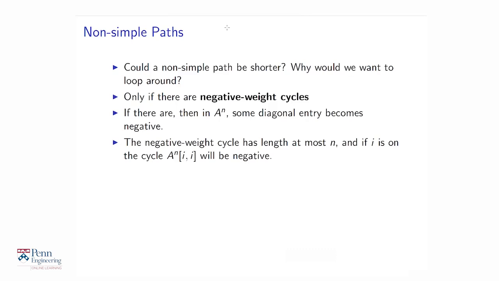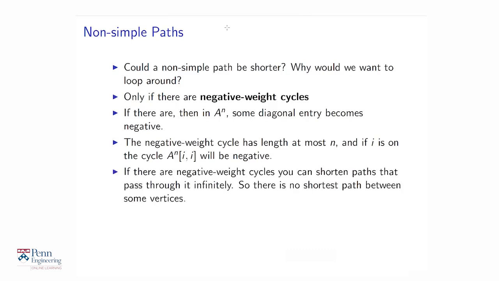Of course, if there are negative weight cycles, the notion of shortest path is not very well defined. There will be pairs of vertices for which along the path you can take this negative weight cycle infinitely often and get a path of length negative infinity.